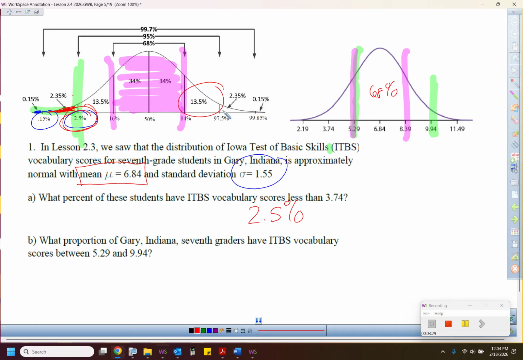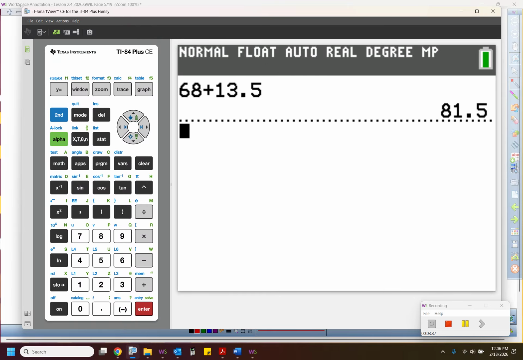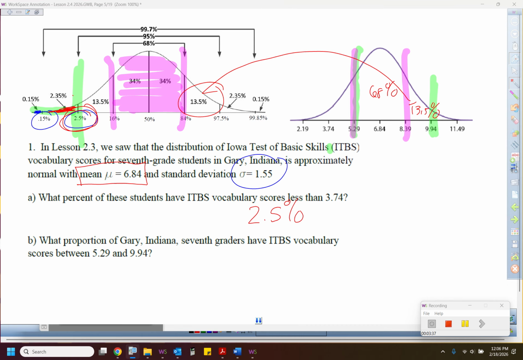And then you see the next spot right there, so we just add those together. If we add 68 plus 13.5, that means 81.5% of the data would fall between those in a normal situation. A lot of graphs and data in the real world are normal, but some of it is not normal. So our job today is to learn how to use this chart with all the percentages to find which little bars were in between and just add those up.